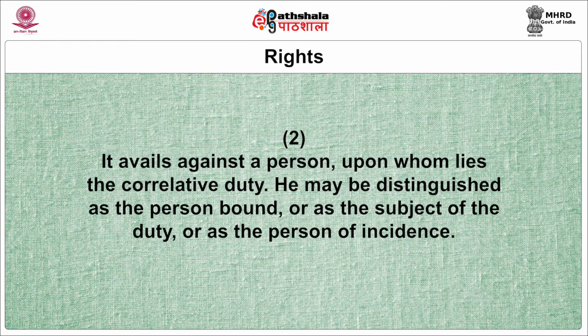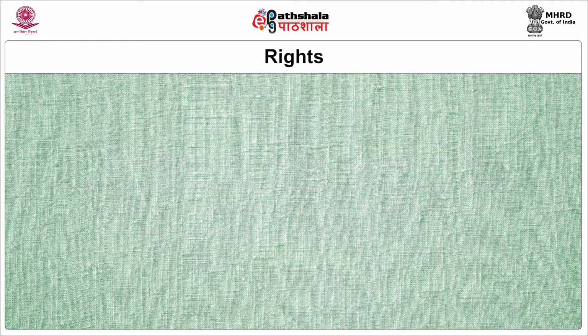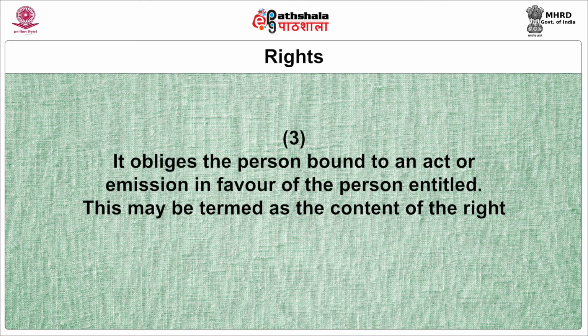He may be distinguished as the person bound, or as the subject of the duty, or as the person of incidence. 3. It obliges the person bound to an act or omission in favor of the person entitled. This may be termed the content of the right.